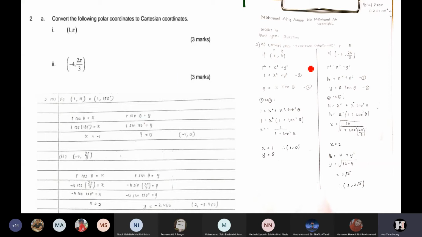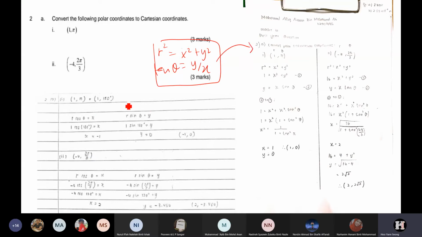Because the person on the right-hand side remembered the question as y. You have r square equals x square plus y square, tangent theta equals y over x. This is the formula he remembered.